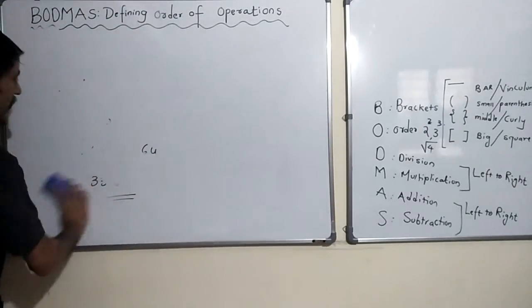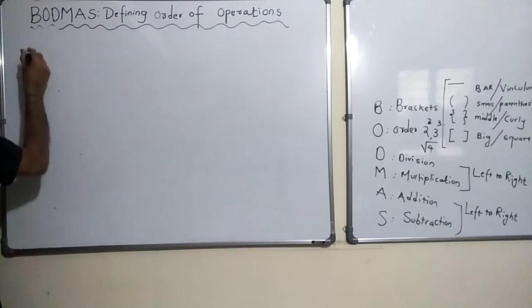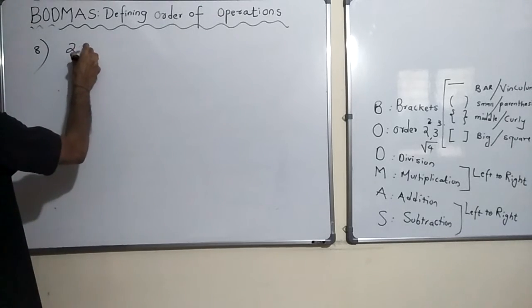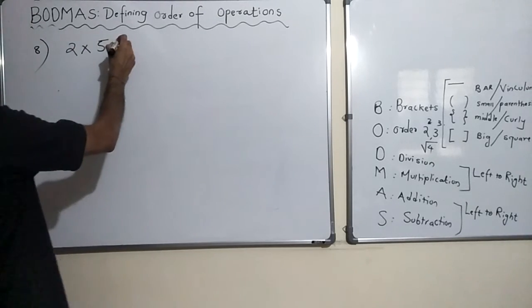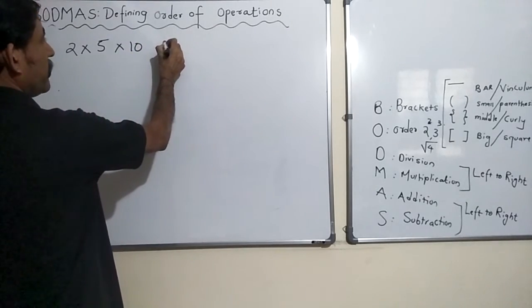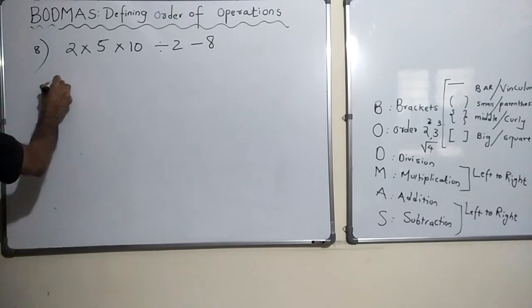Great. Let's look at the 8th problem. Okay, now 2 plus 5 into 10 divided by 2 minus 8.